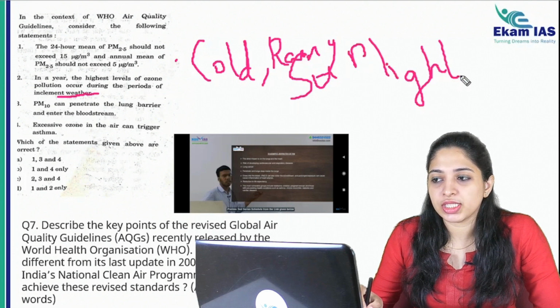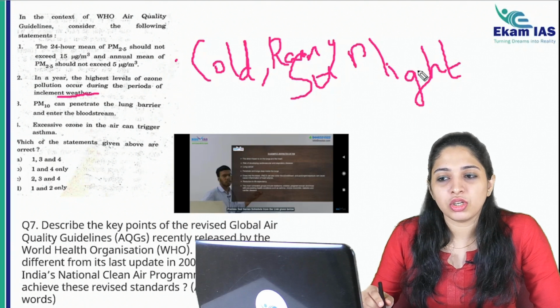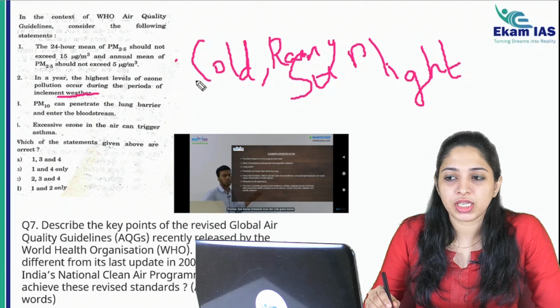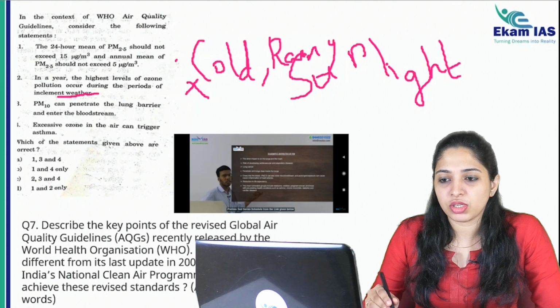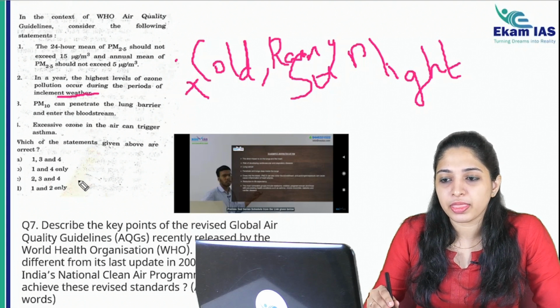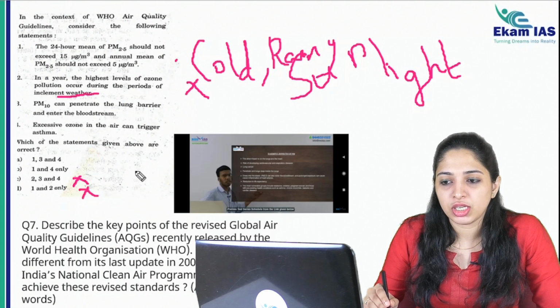Therefore, it won't take place in rainy or cold times. Therefore, the second statement is wrong. By using the elimination technique, if the second statement is wrong, we can cancel options with 2, 3 and 4, option C and option D.